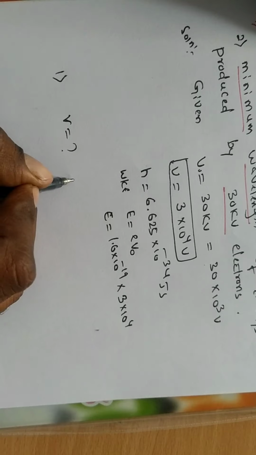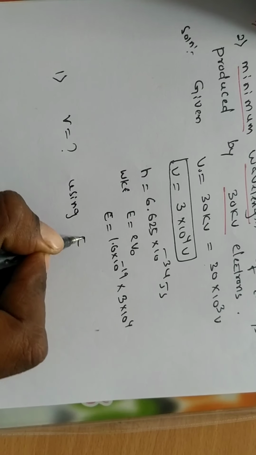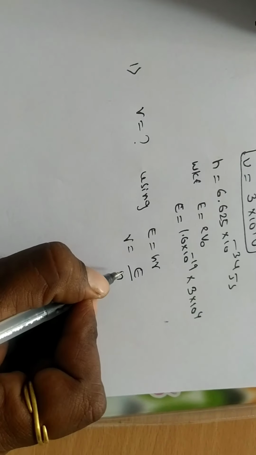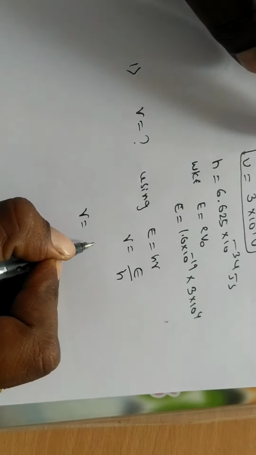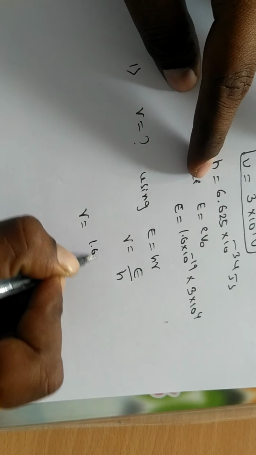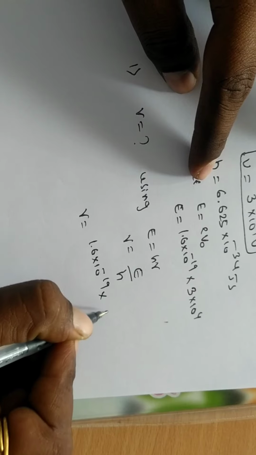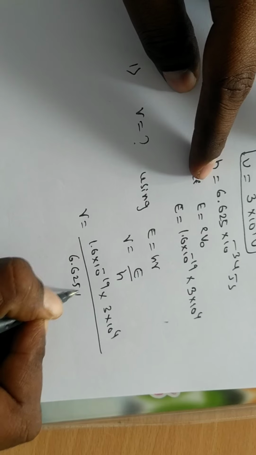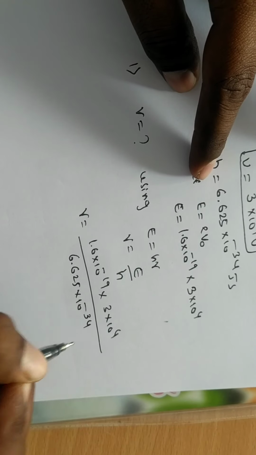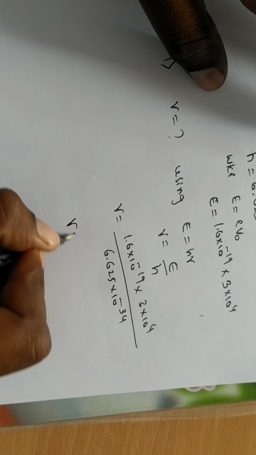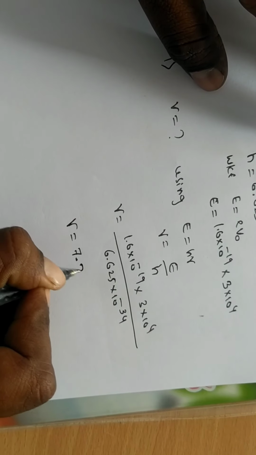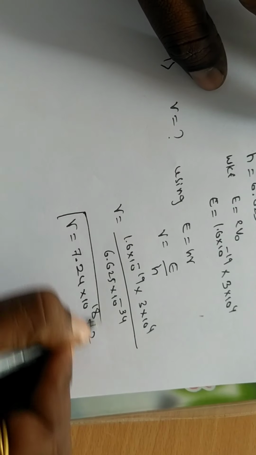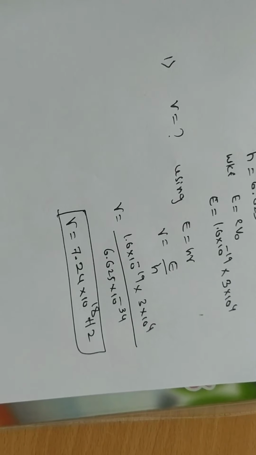Using formula E is equal to h nu, nu is equal to E divided by h. Nu is equal to e value 1.6 into 10 to the power of minus 19 into 3 into 10 to the power of 4 divided by h value 6.625 into 10 to the power of minus 34. Then nu is equal to 7.24 into 10 to the power of 18 hertz. This one you call as frequency. Okay, maximum frequency.